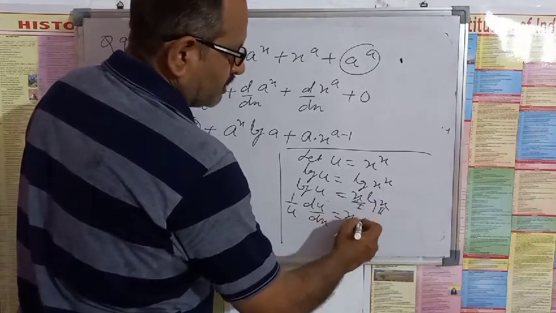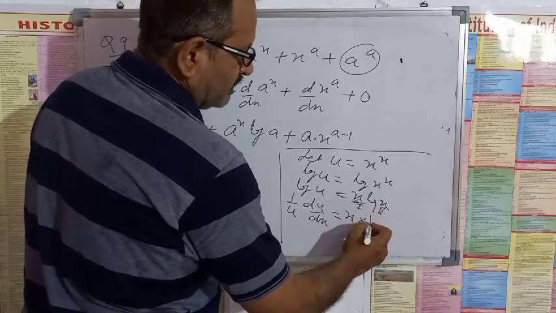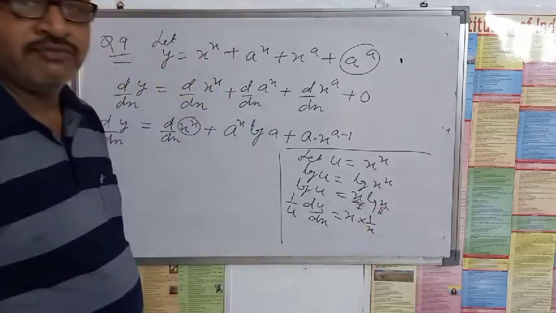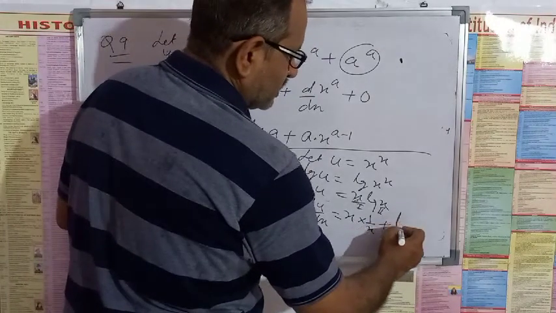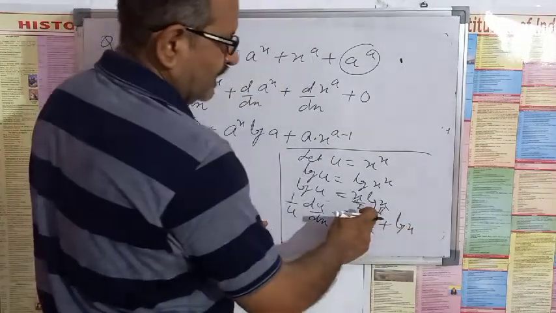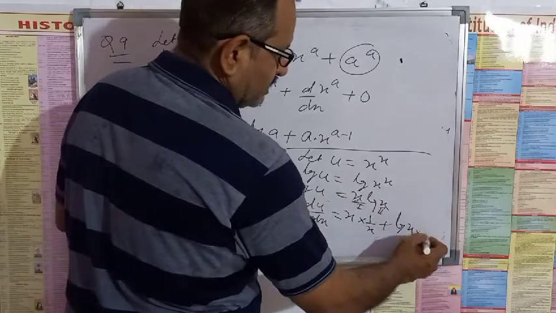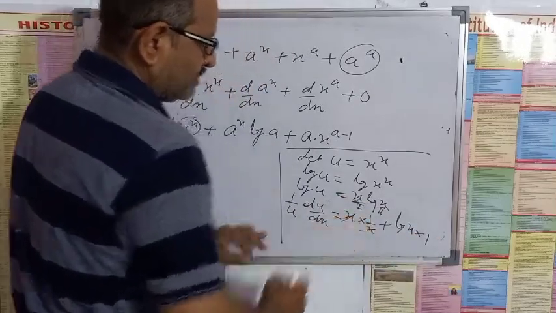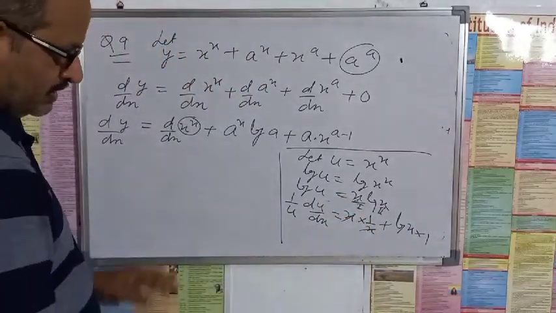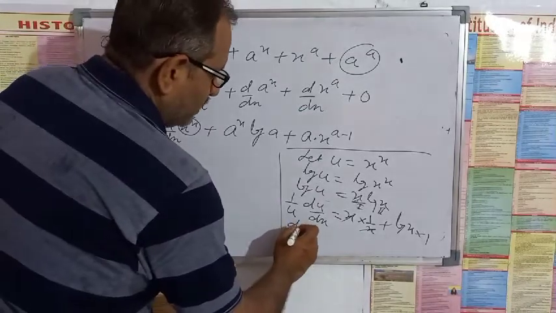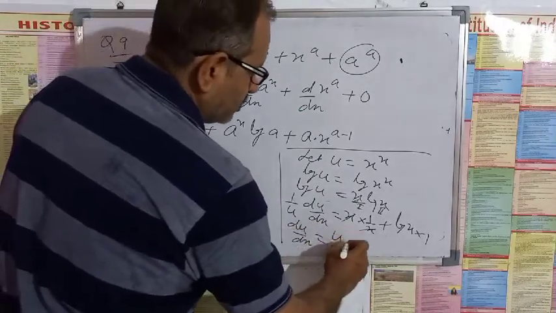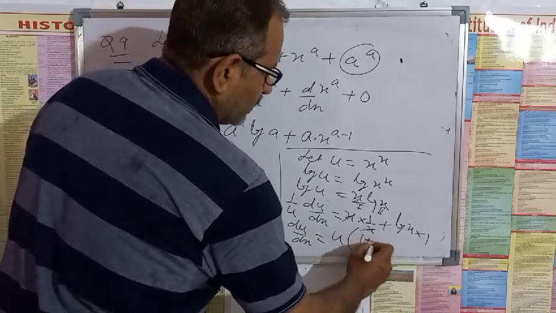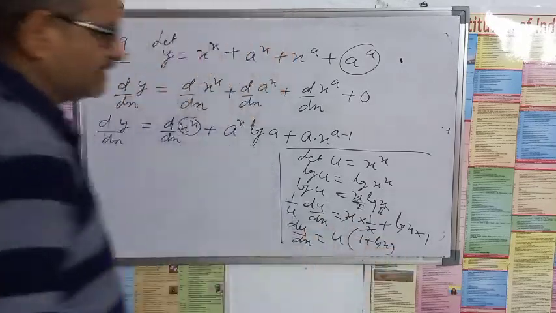So x is first function, derivative of second, log x derivative is 1 by x, plus second function log x, derivative of x, that is 1. X cancels with x. So what will be du by dx? Cross multiply by u. So u into 1 plus log x.